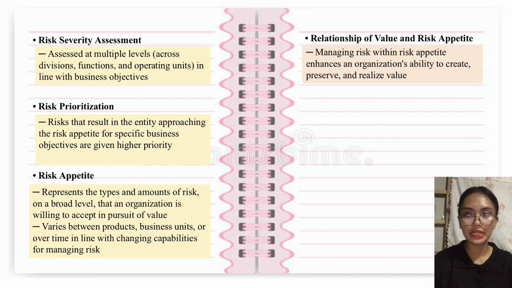And last is the relationship of value and risk appetite. Managing risk within the risk appetite enhances an organization's ability to create, preserve, and realize value. So this means the organization is willing to take on and pursue the objectives it deems to have value.